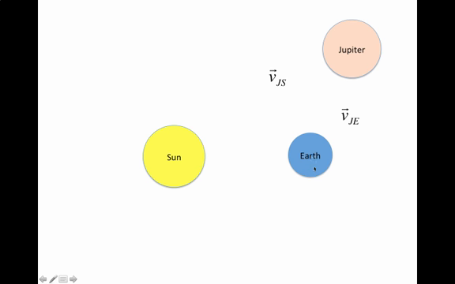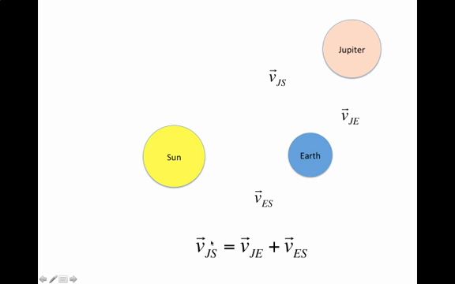If you know how fast the Earth is moving from the sun, and we know how fast Jupiter is moving from the Earth, then we can add them together and we can figure out how fast Jupiter is moving from the sun. So we need to know the velocity of the Earth with respect to the sun.